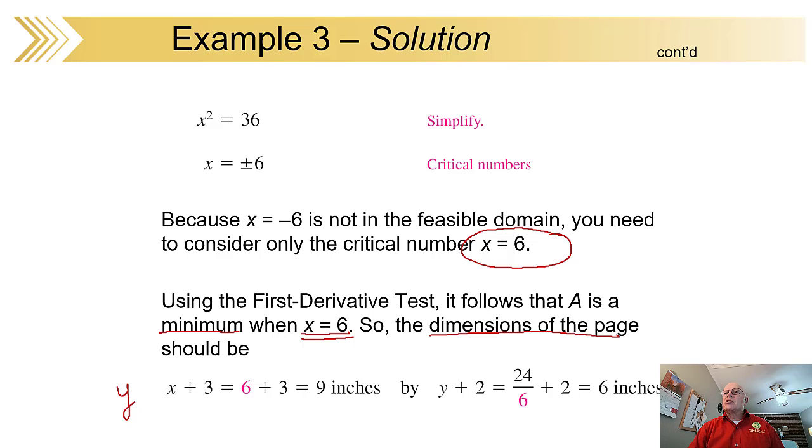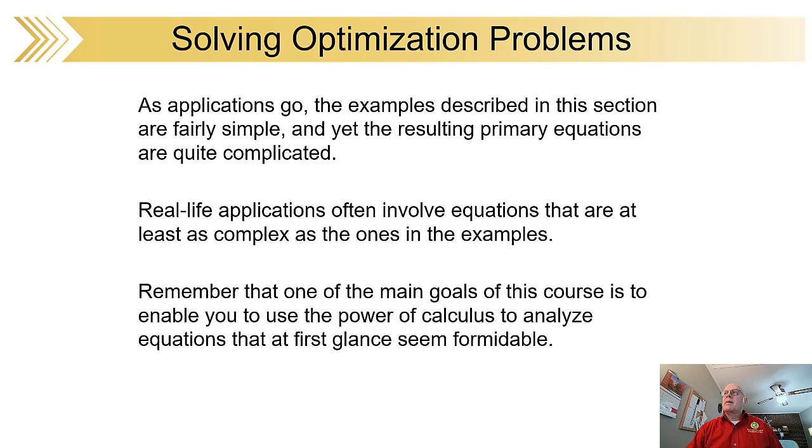Well, our dimensions of the paper were x plus 3 and y plus 2. Put that x value as 6 in here, you get 9 inches. Y is 24 over 6 plus the 2 gives us 6 inches for the other dimension.